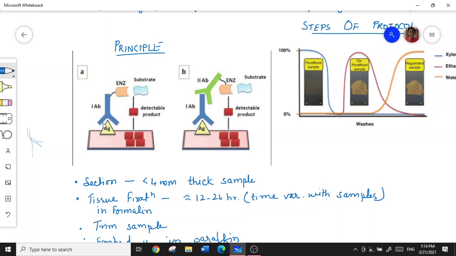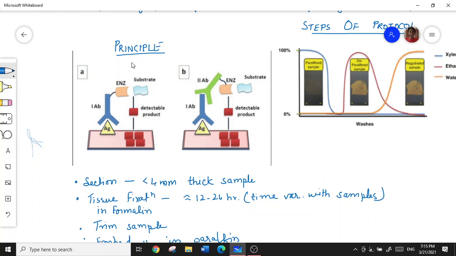Here you can see that this slide is coated with one particular antigen, against which there is one monoclonal antibody, which is in the form of conjugate, and an enzyme is linked to this monoclonal antibody, and then it is treated with its substrate, and we get a detectable product, because either it is colored or fluorescent material, or it can be some radioactive material also, which can be detected, and this detection is directly proportional to the amount of this antigen present.